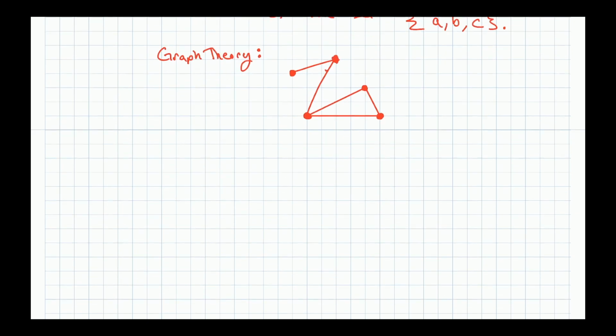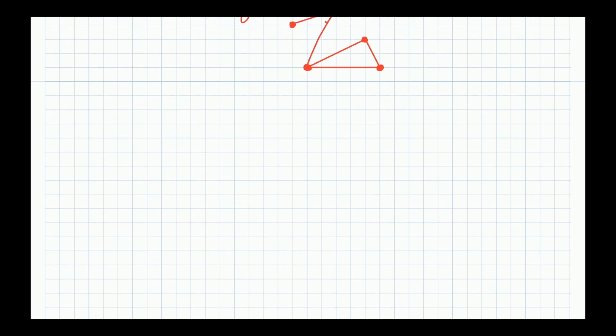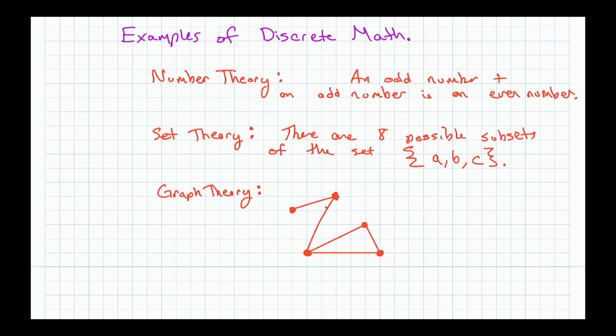Okay. Now what we're going to be doing is we want to be able to prove theorems about these kinds of things. Prove theorems about number theory. We should be able to prove that an odd number plus an odd number is an even number. We should know what it means. We should know that there's 8 possible subsets of the set ABC because we know how to make all of the subsets of the set ABC.